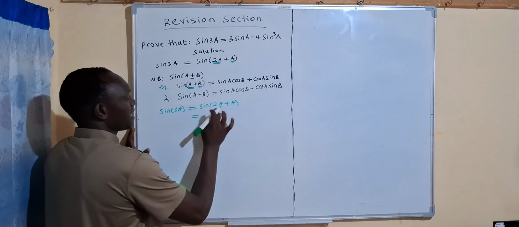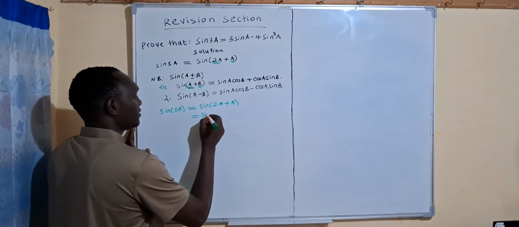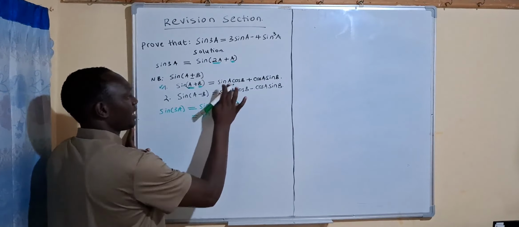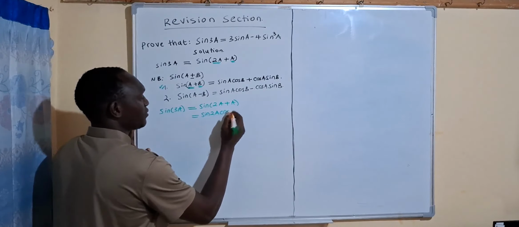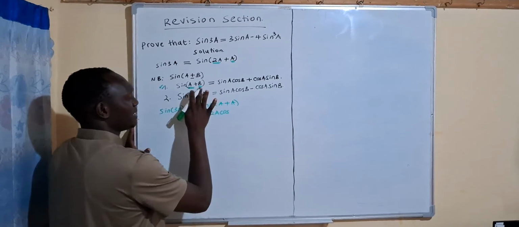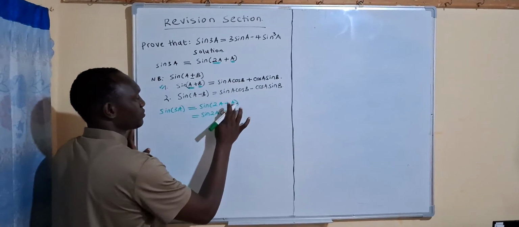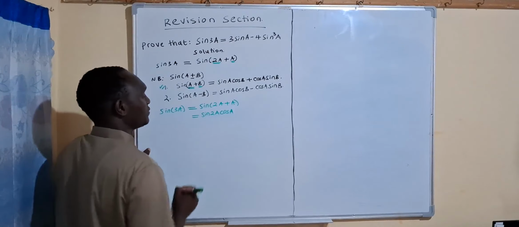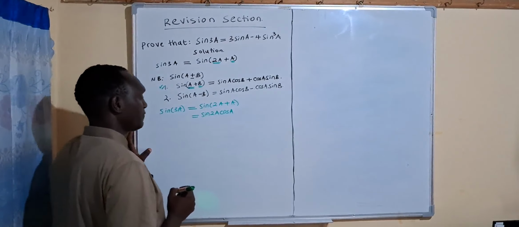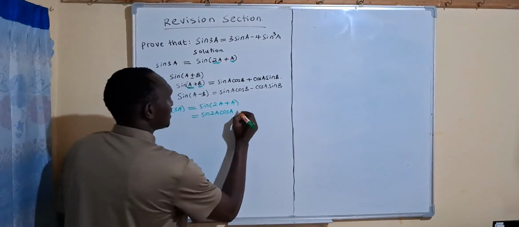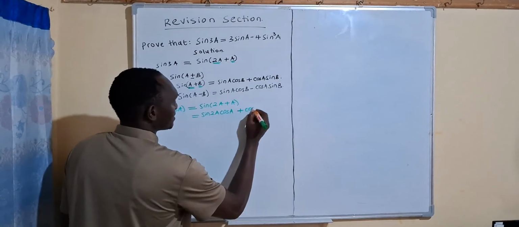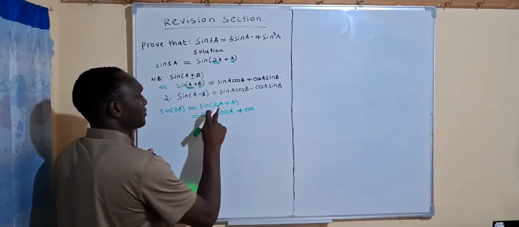So this is the first angle. We shall say sine of the first angle, which in this case is 2A, and then cosine of the second angle, which corresponds to A here, cosine of A, and then plus cos of the first angle.